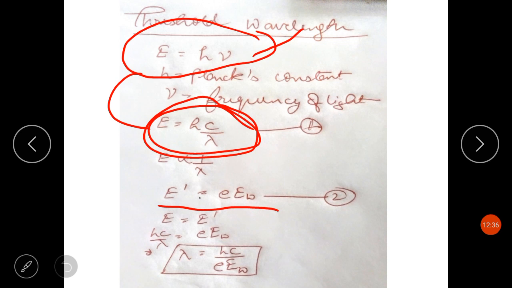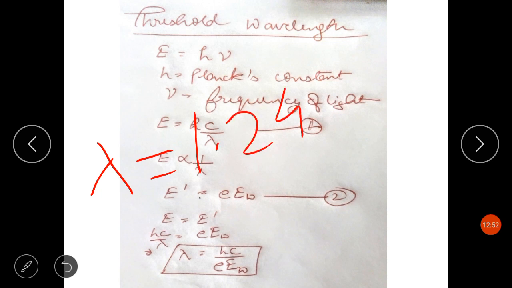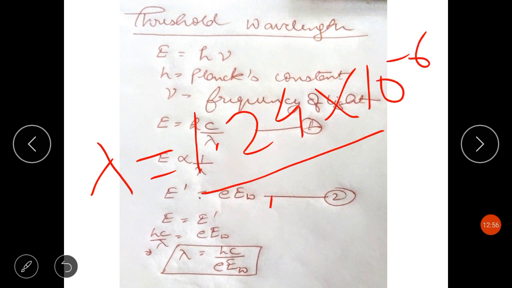Putting all these values in the equation and calculating, we get the relation: lambda, the threshold wavelength, is equal to 1.24 into 10 to the power minus 6 divided by EW.